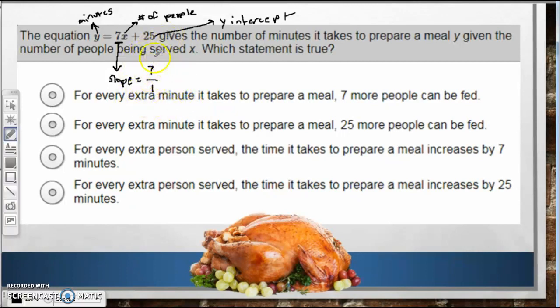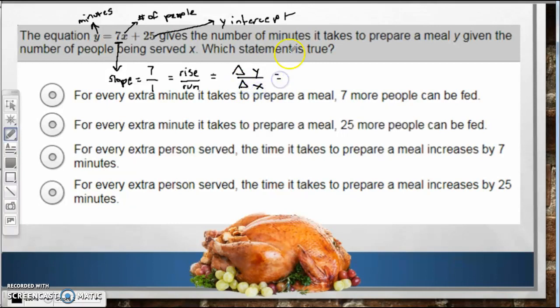They want to know what's going on here, so I'm going to zero in on the slope. I think the slope is going to give us the best picture. Remember that slope is rise over run, and another way to say rise over run is the change in y over the change in x.